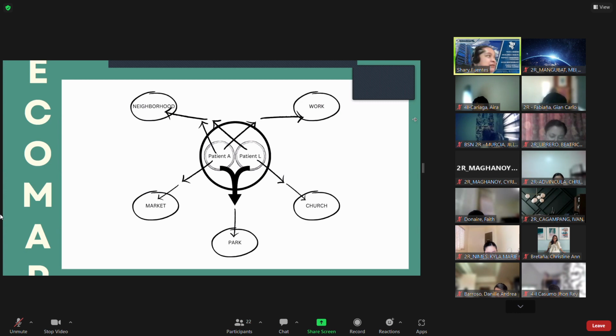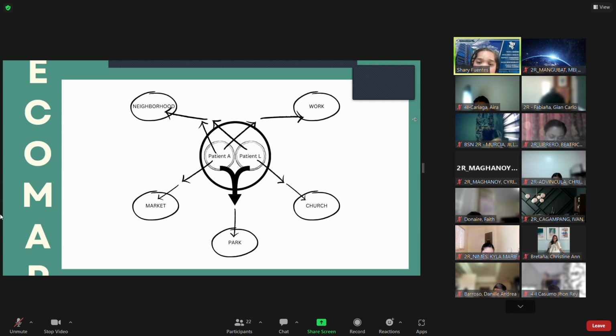Do you have to have a legend on these arrows? How do you expound on this one?